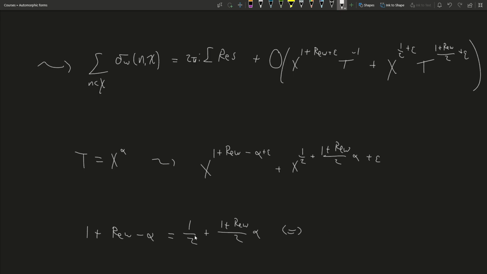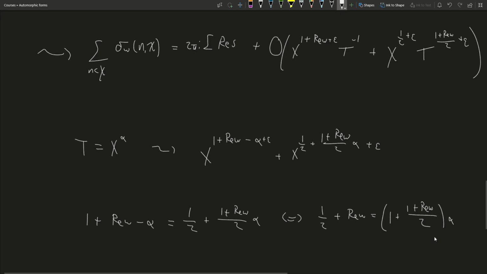So we're going to have this 1/2 plus the real part of w on the left-hand side, and on the right-hand side we're going to have a 1 plus the real part of w over 2 times alpha.